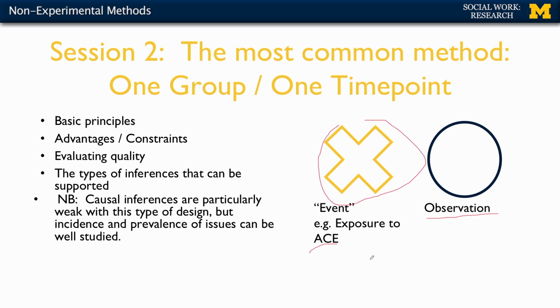And what we start to think about is to what extent can we make causal conclusions about the effect of this adverse childhood experience on mental health. That's what we're going to be thinking about as we move through various research designs.